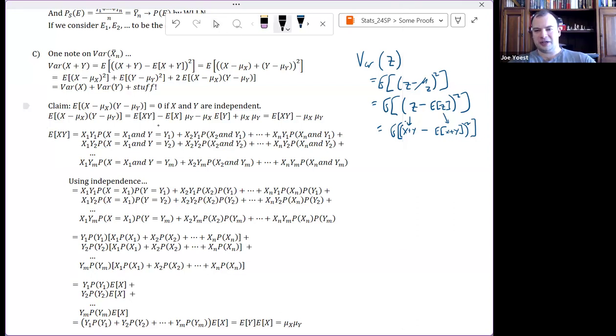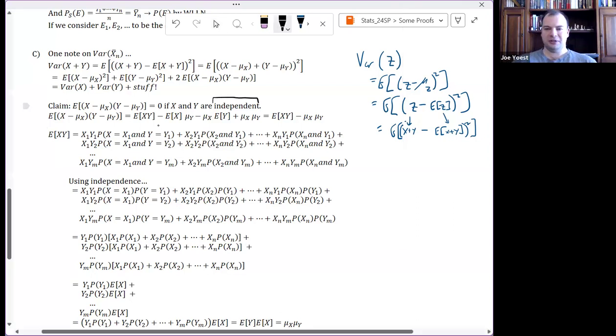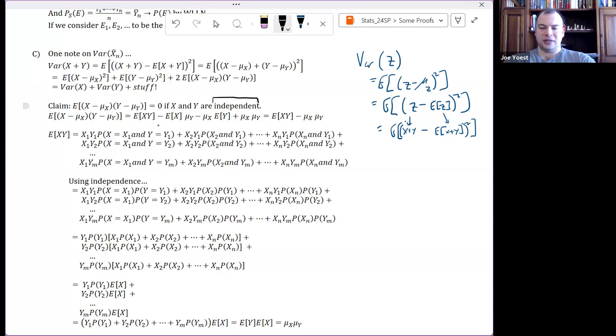I'm saying this is true if x and y are independent, so I'm probably going to have to use independence somehow. And I have one really big tool for independence: it splits apart ands, right? The probability of A and B equals the probability of A times the probability of B under independence.